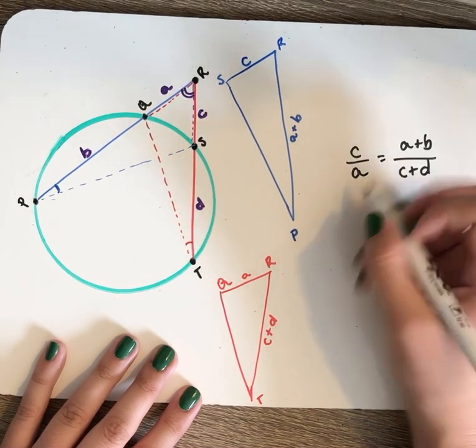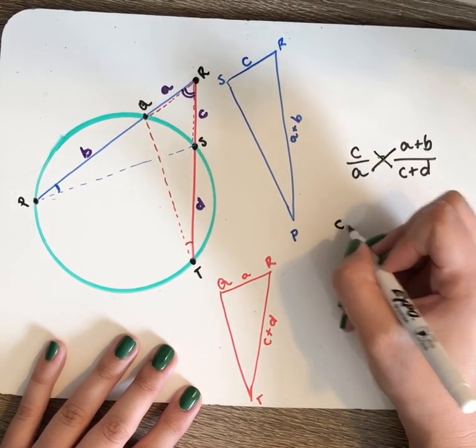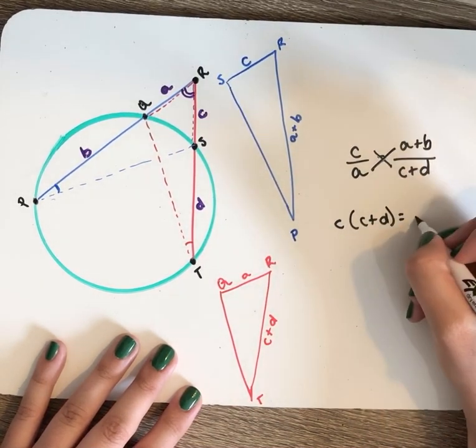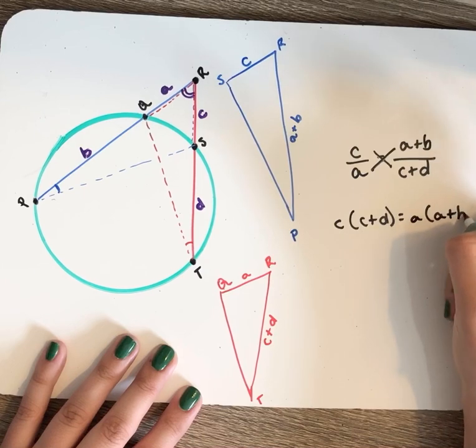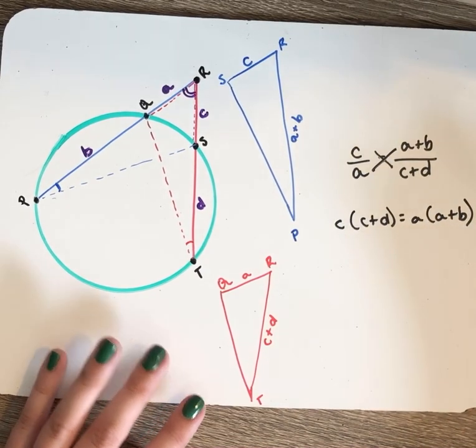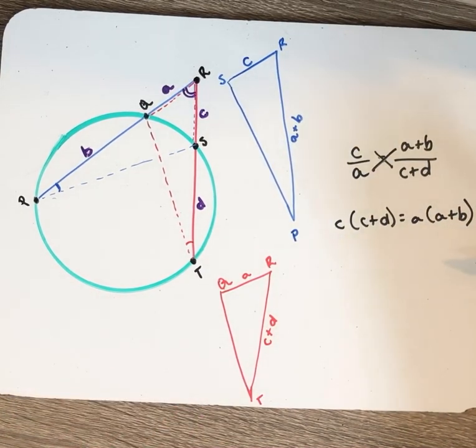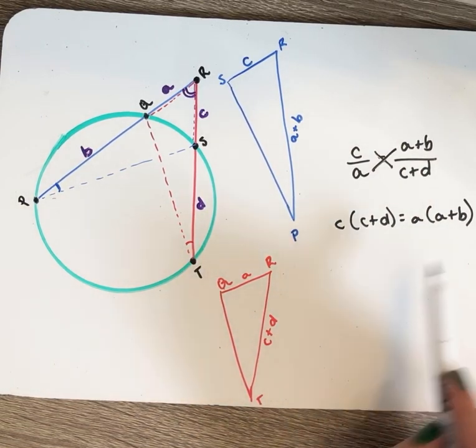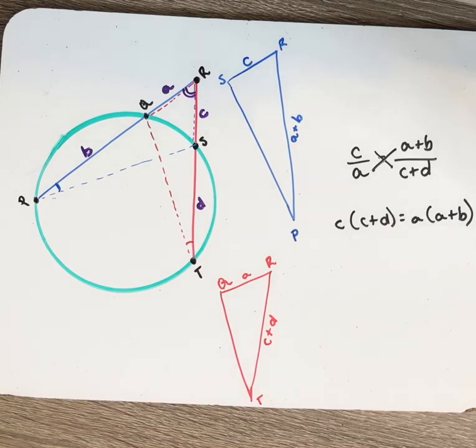When I cross multiply, I will get C times C plus D equals A times A plus B. So this is the formula that is usually used, the formula that I taught you or showed you before. And now hopefully you have a better understanding of why that formula works and where it comes from.